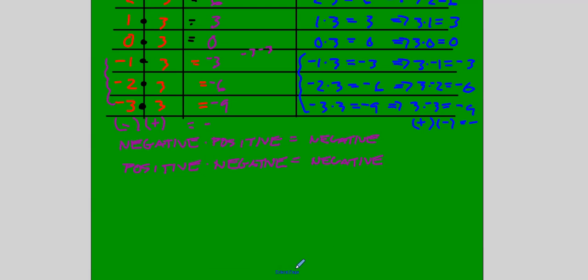Now this differs from addition subtraction. Let's look at a couple here. Let's actually do 6 plus negative 3. So in the case of addition subtraction, I have opposite signs, so I subtract. 6 minus 3 is 3, but I have more positives than negatives, so my answer is 3.